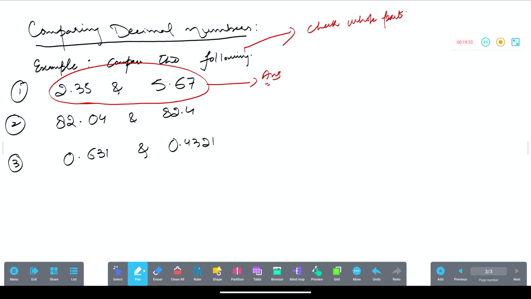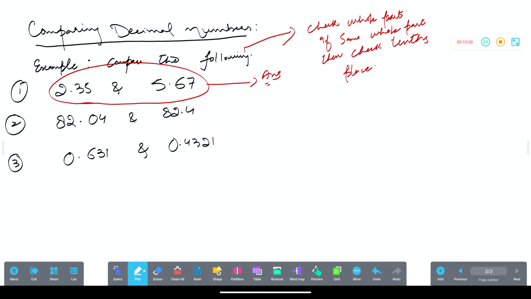Now, if they are having the same whole part, then check the 10th place. तब हम चेक करेंगे 10th place. अगर whole part same हो, then what we have to do?